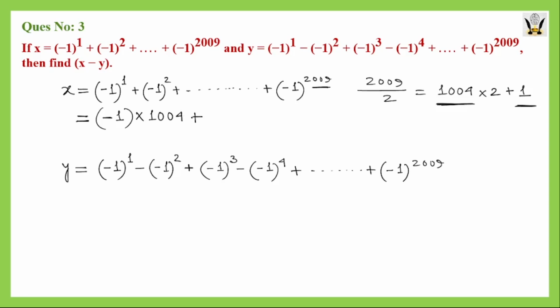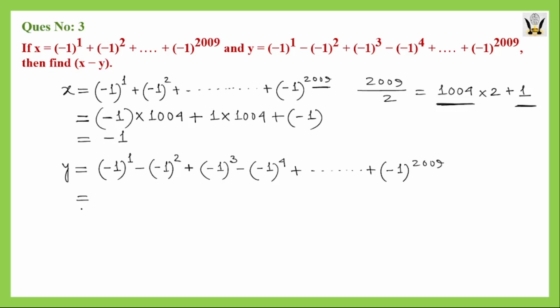So here +1 will be multiplied by 1004, and then the last term is this term whose power is odd, so that value will finally be -1. So if we evaluate this line now, the final value will be -1, as this will give us -1004 and this will give us +1004. So they will cancel each other and the final value of x will be -1.